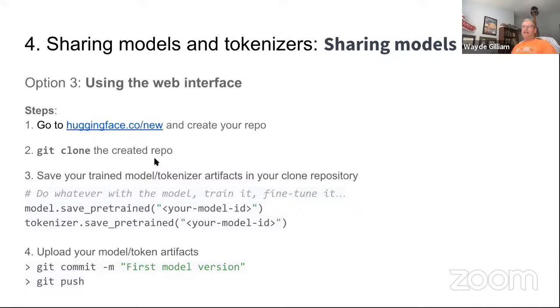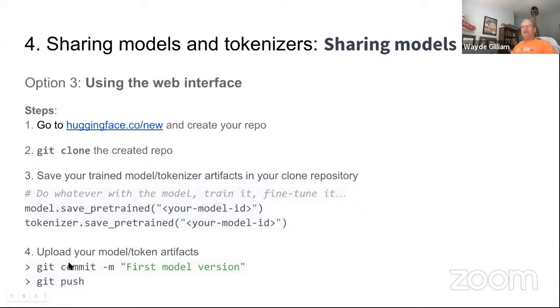And then you can actually clone that repo locally, or clone it on Colab or whatever. Train your model, and then we saw, I think in week 1 or 2, that to actually create those model and token artifacts, you just call save pre-trained on your model and your tokenizer.